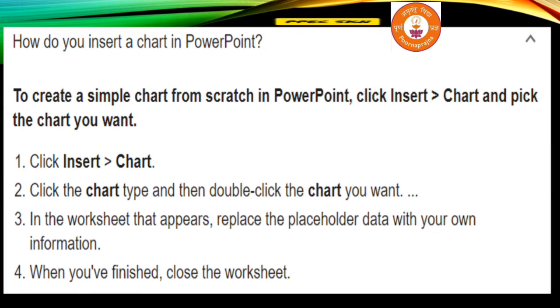Next, how do you insert a chart in PowerPoint? First you select a slide and go to the Insert menu. There you can see the Chart option. Click the Chart option, and once you click, it will show a list of charts available in your PowerPoint.